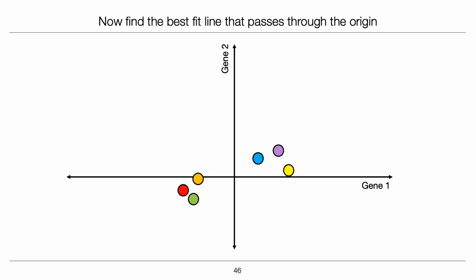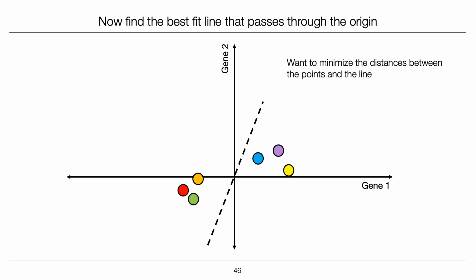The next task of PCA is to identify a line that passes through the origin and minimizes the distance between all the points and the line. The distances are indicated by these black lines with arrows.